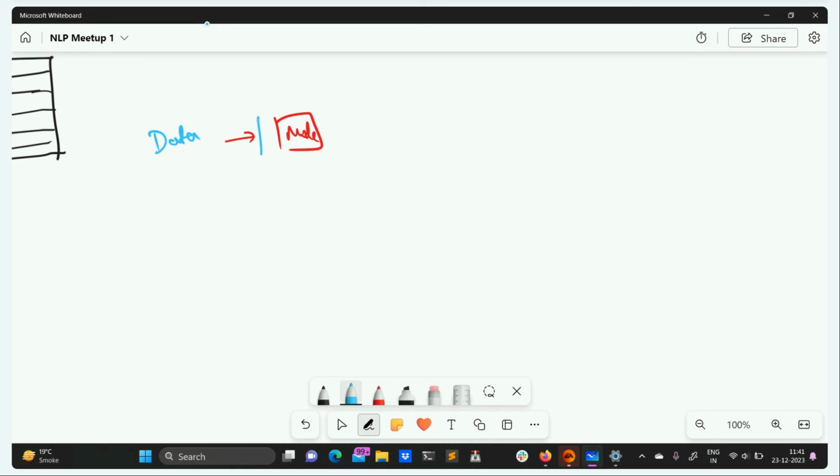We fine tune some layers of the model, and we keep the other layers as they are, and we now get this model working for our data. So we get output and we are happy.